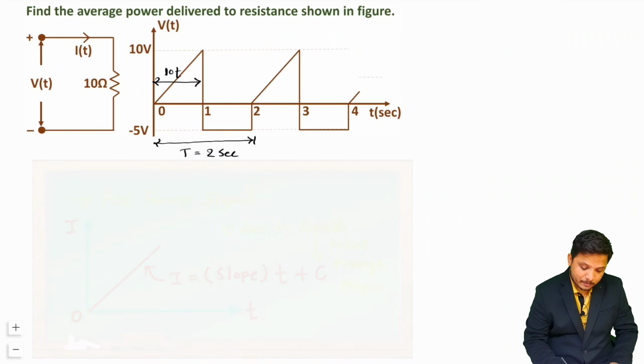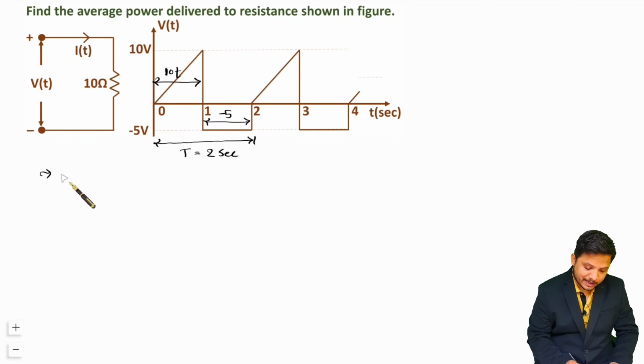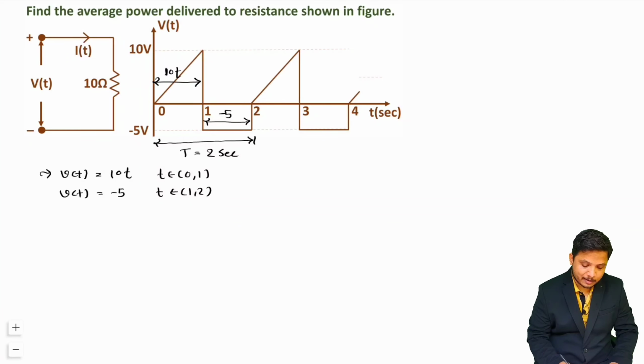And if you see for 1 to 2 seconds, this function v(t) is minus 5, which is constant, right? So I can say that based on this, our v(t) is 10t in between 0 to 1, and our v(t) is minus 5 in between 1 to 2, right?